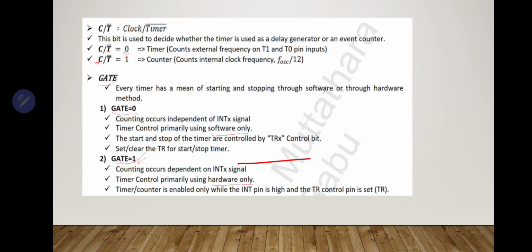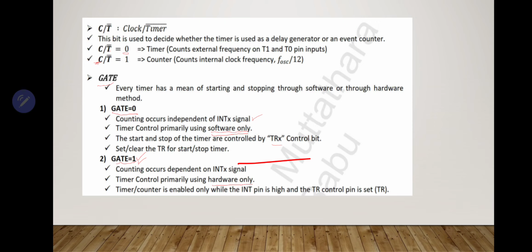Then with gate equal to 0, counting occurs independent of the INT signal, that is, the interrupt signal. It will not look at the interrupt signal. If gate equals 1, it will depend on the interrupt signal. So gate equal to 0 means the timer and counter is controlled by software only. The start and stop of the timers are controlled by the TRx control bit, that is, the timer run control bit.